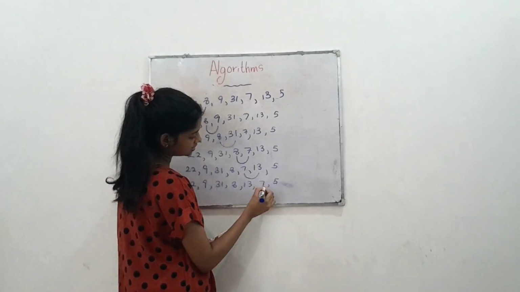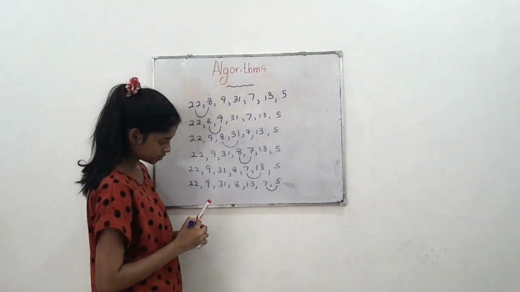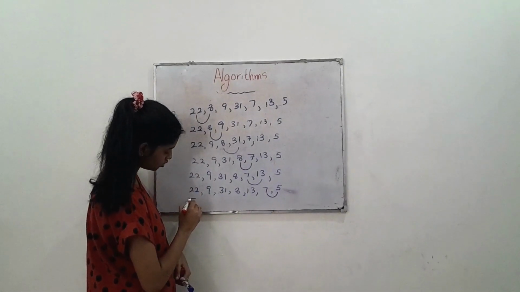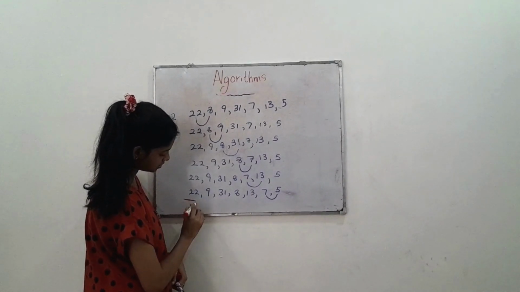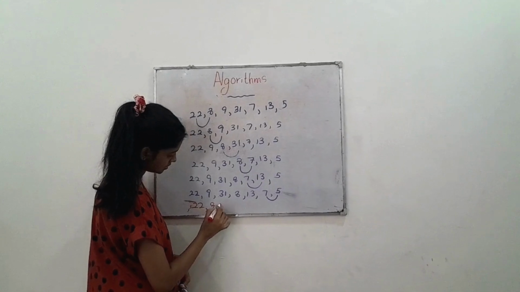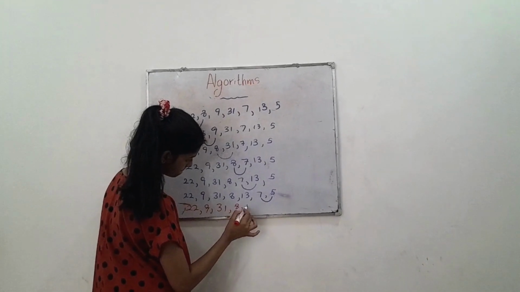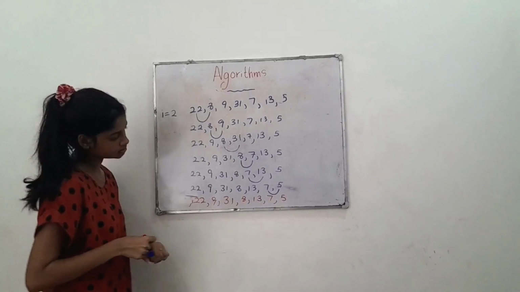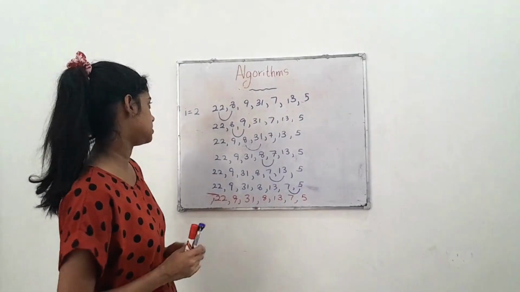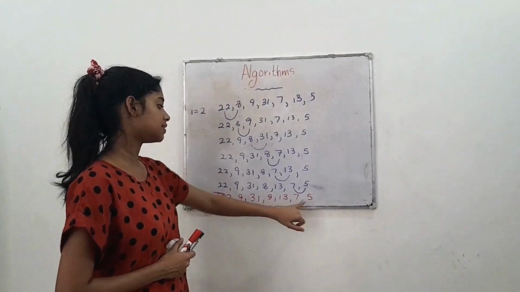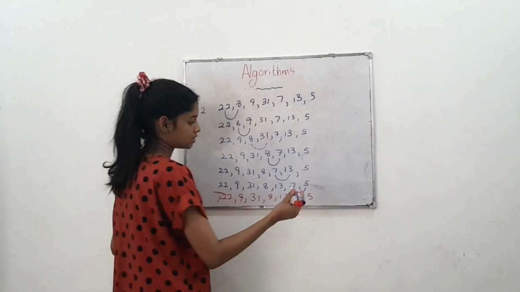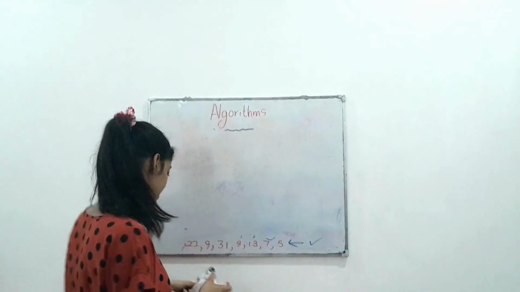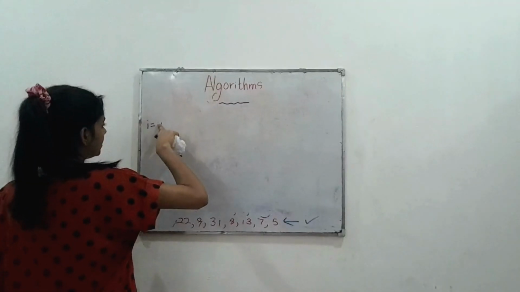Last but not least, you check this one, but no swapping because 7 is larger than 5. So yes, i value 2 gives us this. Now i value 3.